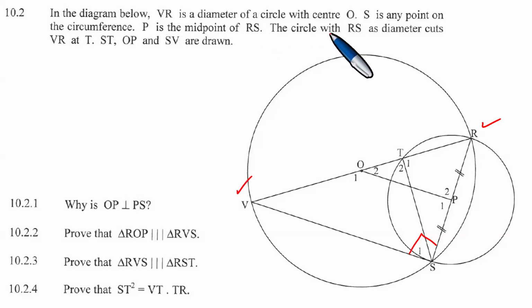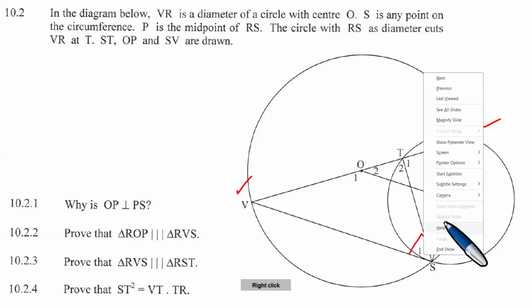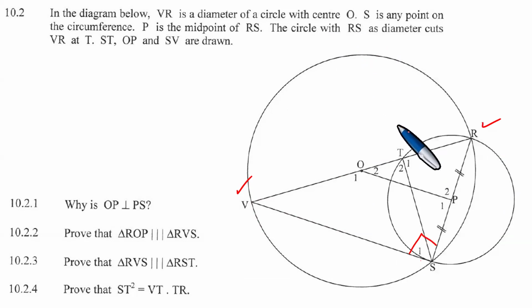Next. We also have the circle with RS as a diameter. If you have this RS as a diameter, it means it subtends an angle of 90 degrees. Right.